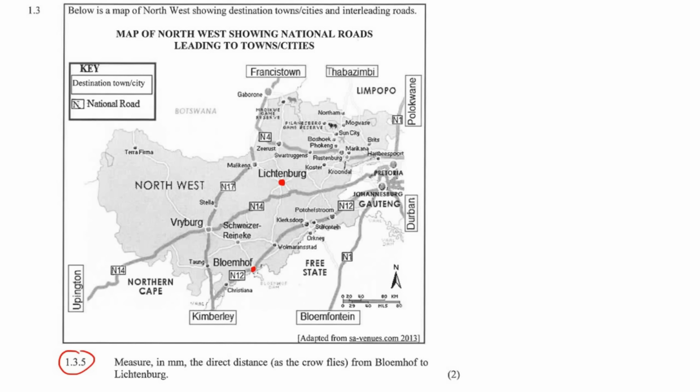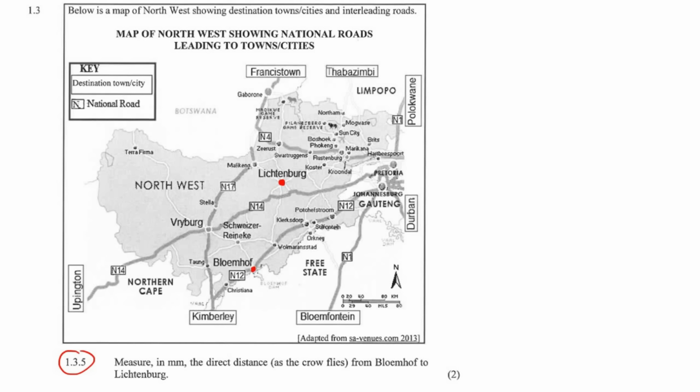I can't measure it with my ruler now because the lengths might cause a bit of an issue. Or it would probably give the same answer because the scale would also be stretched the same way I stretched the map. But if I measure this and say 17 millimeters, and then you measure it at home, you might get a different value, right? So I'm rather just going to tell you what answers you need to be getting.